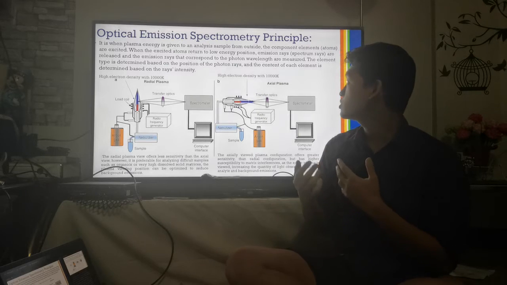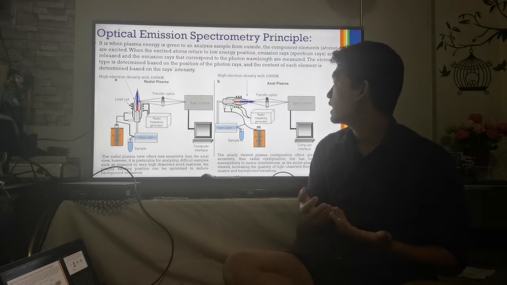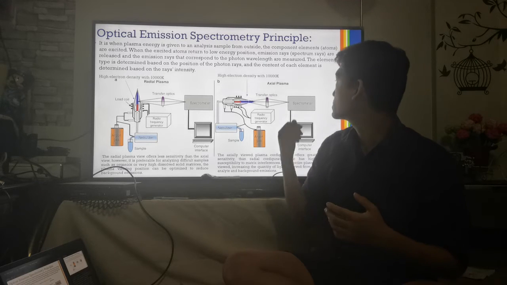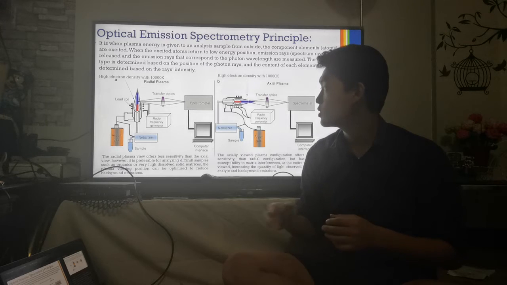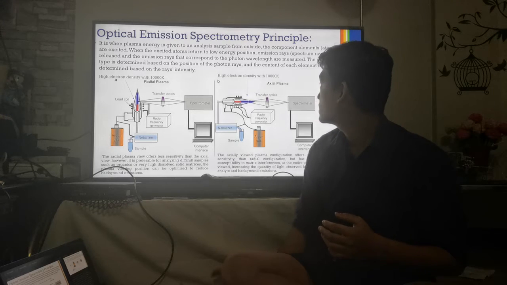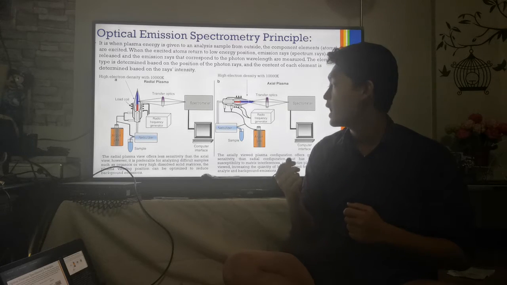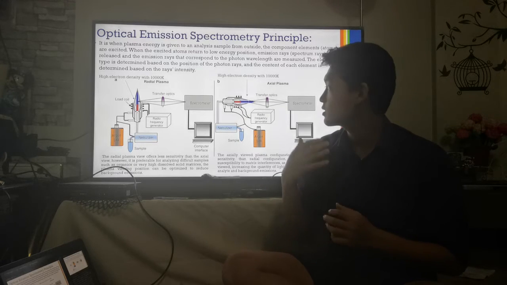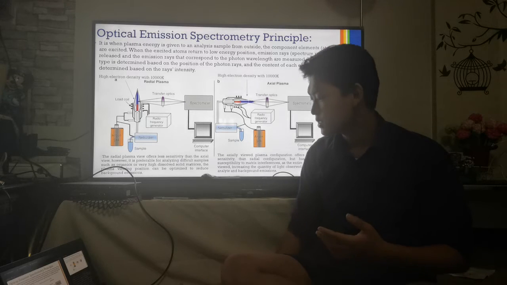These measured photon wavelengths are interpreted as spectral lines, each corresponding to a specific element. So different spectral lines will be detected through the detector, which corresponds to the specific element.